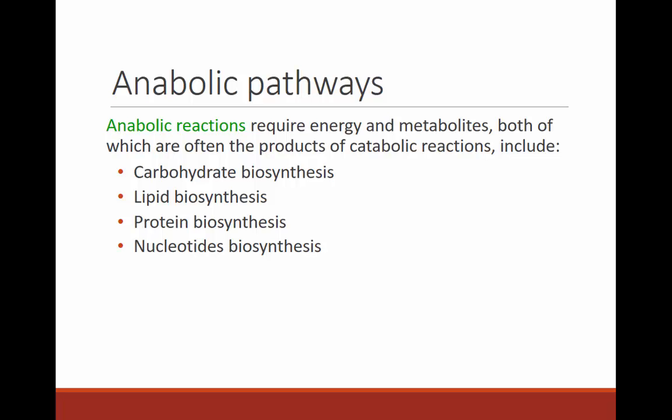And that's when you are putting together carbohydrates. Maybe you've got a glucose molecule and lots of excess glucose molecules and you want to store them. You put those glucose molecules together in a form like glycogen that can then be stored in the liver or skeletal muscle. Okay, so you are synthesizing that carbohydrate.